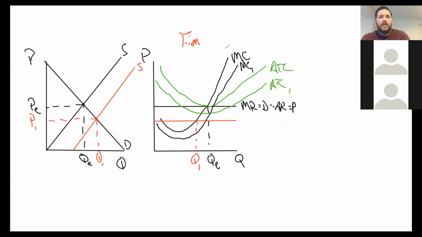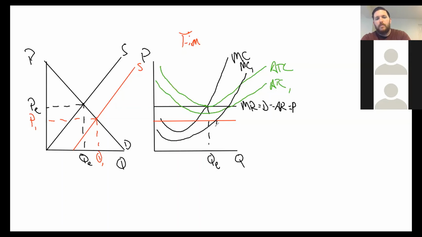So because of that, you're not going to see a complete decrease in the number of units produced by each firm, okay?